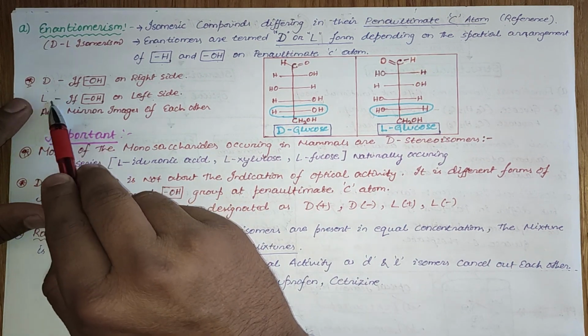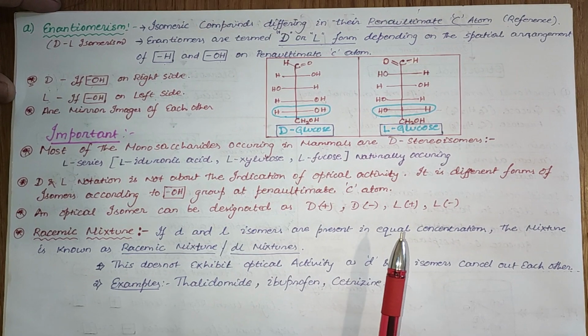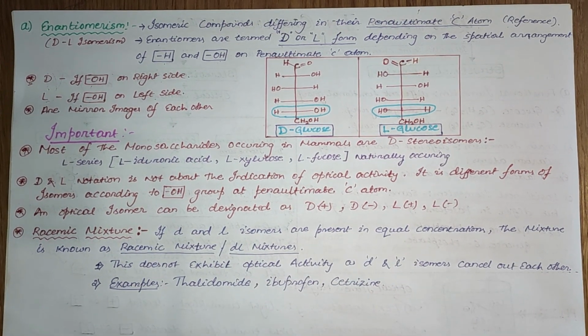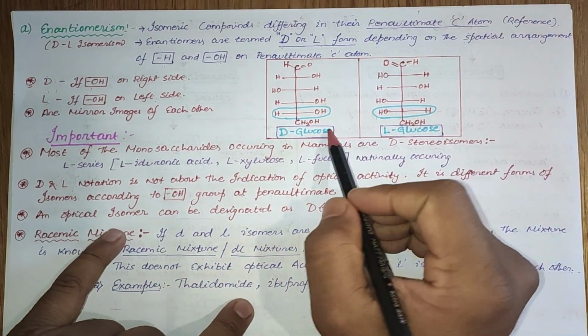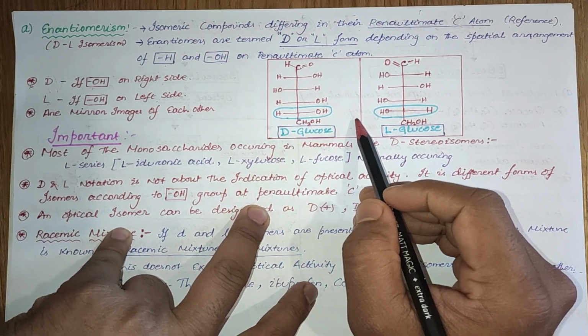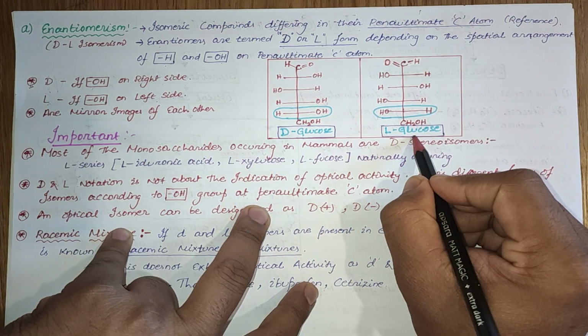And these D and L structures are mirror images of each other. Mirror image means the reflection is equal to the real object. Here is an example, the structure of glucose, in which this is called D-glucose and this is called L-glucose.